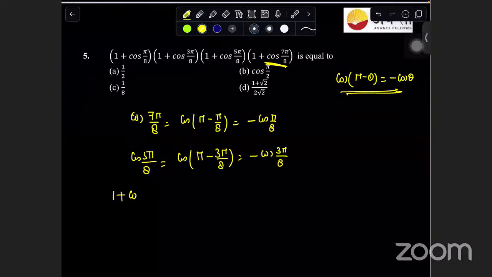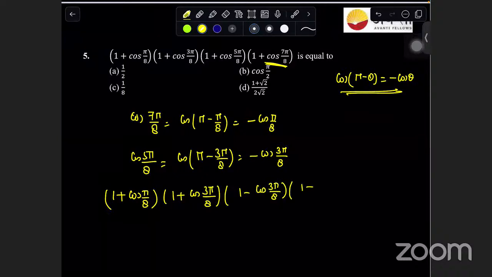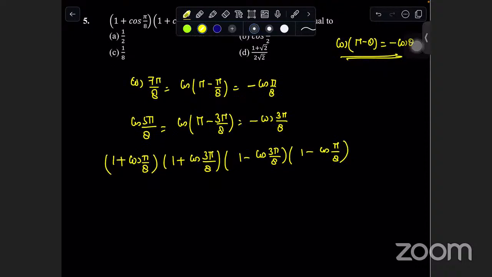Now replace these two values in the original equation. You get 1 plus cos pi by 8, 1 plus cos 3 pi by 8, 1 minus cos 3 pi by 8, 1 minus cos pi by 8. All right.